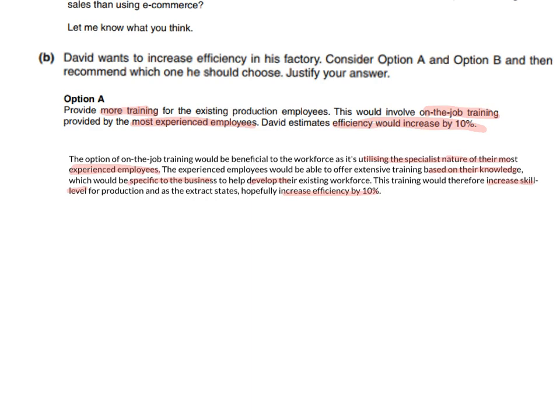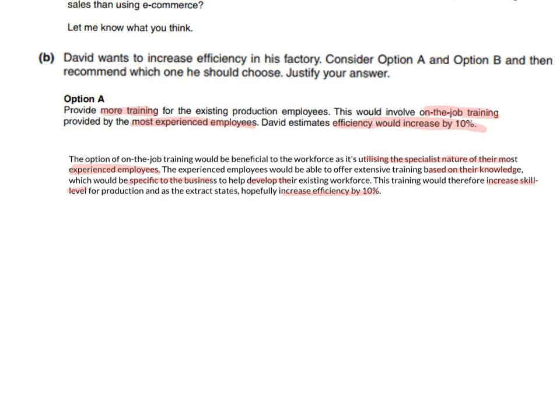By utilising the specialist nature of the most experienced employees, based on their knowledge specific to the business, we get a development, an increase in skill level, and an increase in efficiency by 10%. We start to create an argument why option A might be a good point.